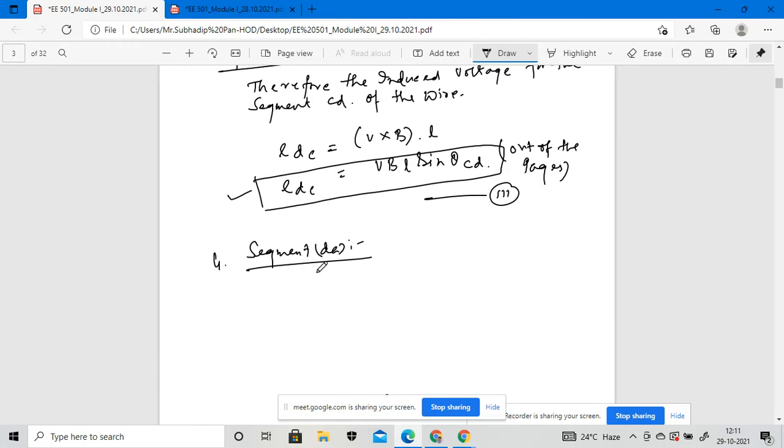So in this segment the induced voltage, E of DA, is equal to zero. This is my equation 4.